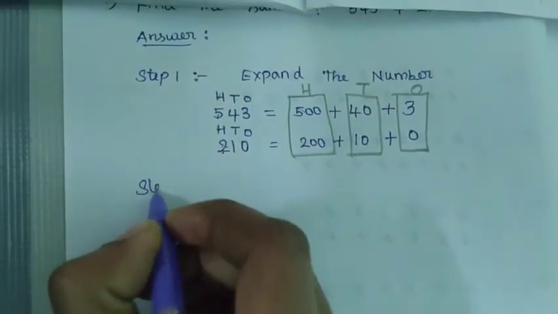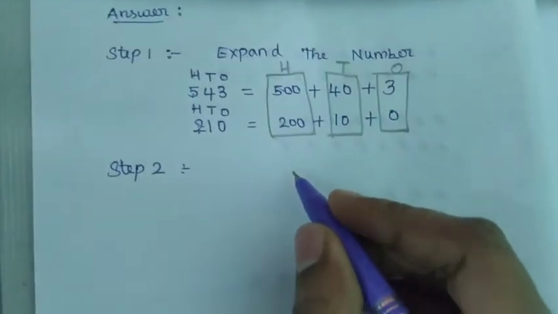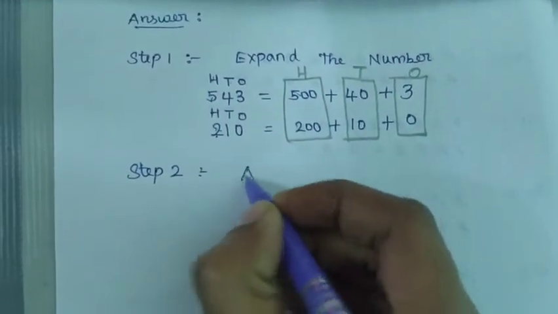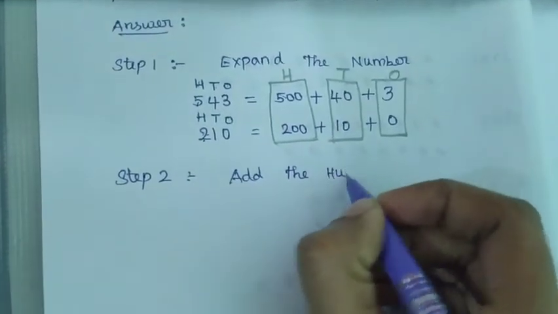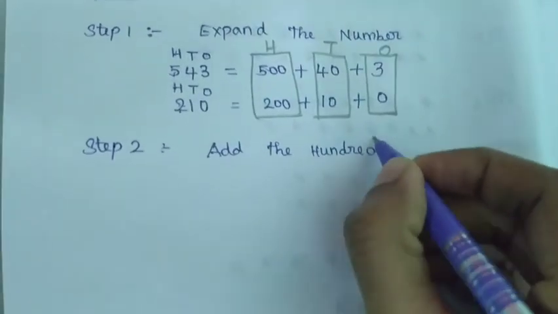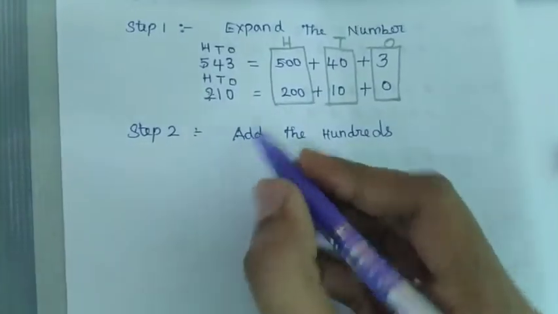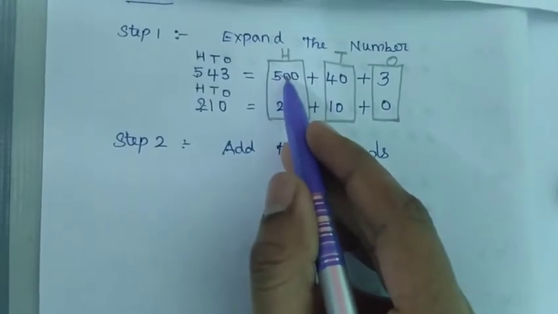Now, step 2. What is step 2? Very good. Add the hundreds. Now we want to add the hundreds. What hundreds do we have here? 5.